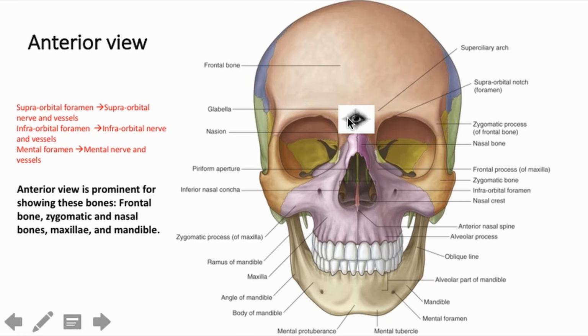And also we can see here that there's a glabella, which is located right in the frontal bone area. It's located between the two superciliary arches, right here and here, and it can be thought of as kind of like the third eye of the skull.